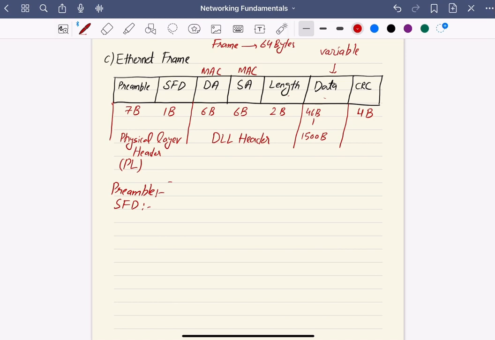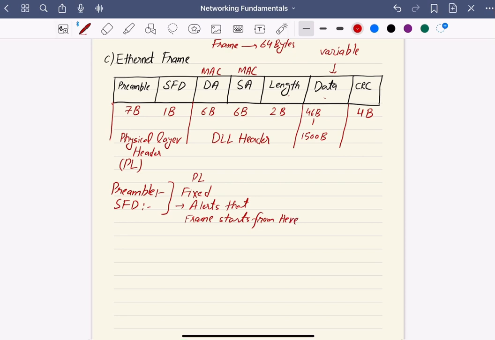These two fields are fixed and are added at the physical layer when the frame gets there. They have nothing to do with the information; they just act as an alert that the frame starts from here, or that a frame is going to come.